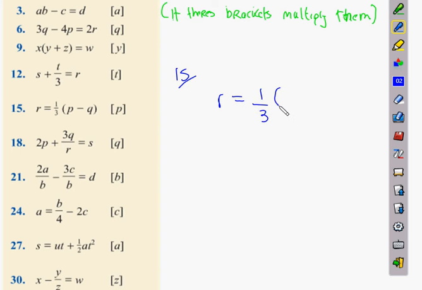And what's wrong with the P? It's in brackets, and it's stuck. So what I'm suggesting we do is we multiply in by a third. What's a third of P? P over 3. A third of Q.